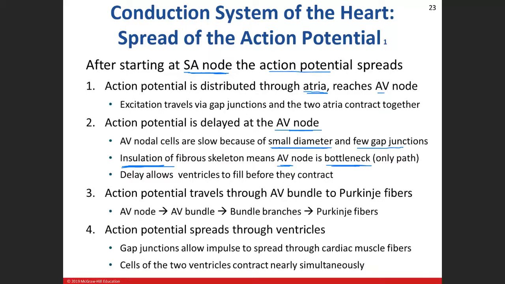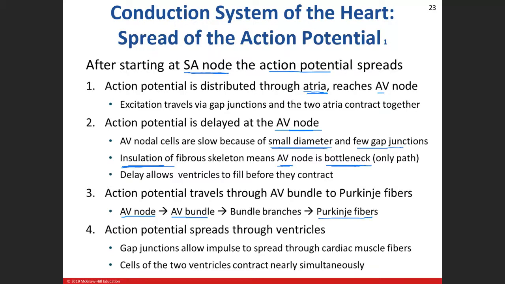So the action potential then travels from the AV node down our atrioventricular bundle. It goes from the AV node to the AV bundle, which then branches into our right and left bundle branches. This is all in the interventricular septum, and then out to the Purkinje fibers.